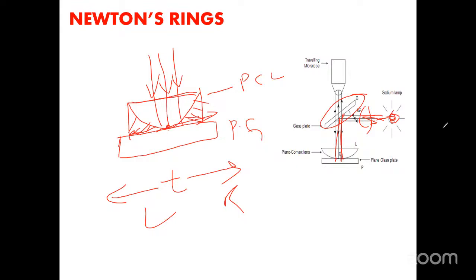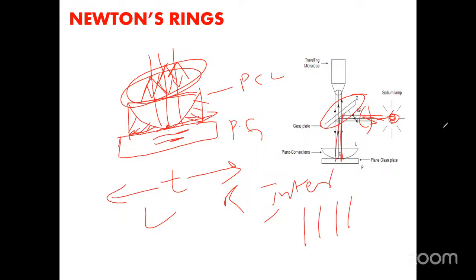But these rays undergo refraction and are transmitted in the glass plate. Again, the bottom glass plate reflects them in the upward direction. So when these two reflected rays are superimposed, interference takes place. In the case of interference, bright, dark, bright, dark, bright, dark.